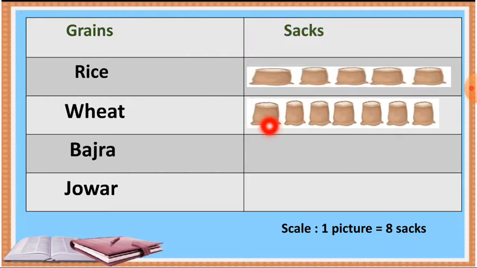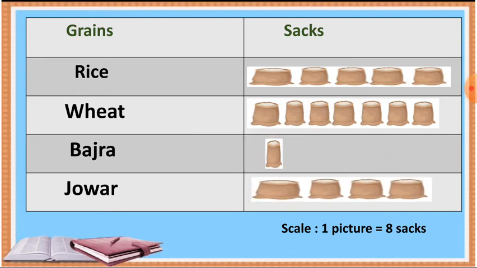See, 1, 2, 3, 4, 5, 6 and 7. If we multiply 7 by 8, we will get 56, because one image is equal to 8 sacks. Then bajra, 1, because 8 ones are 8.